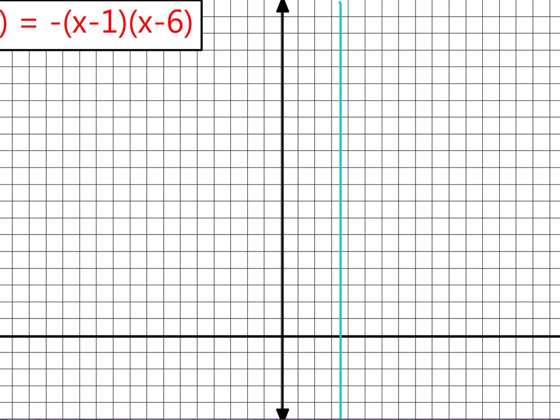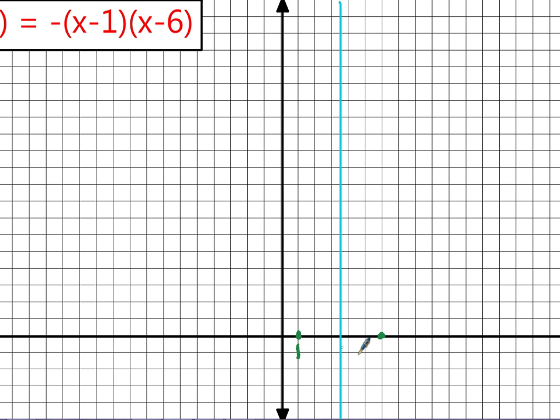So when I put that on a graph, I can put my points where I have 1 and 6. There's my two x-intercepts. Remember that my axis of symmetry will be exactly halfway in between those 2 points.